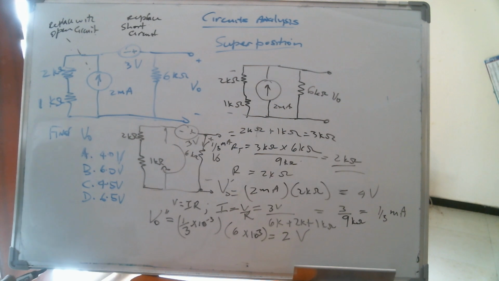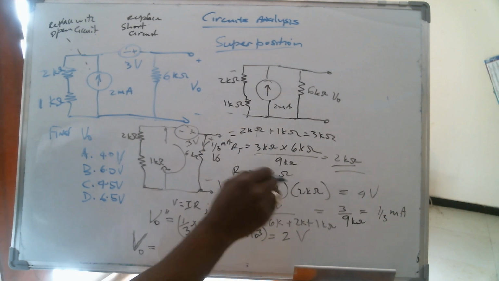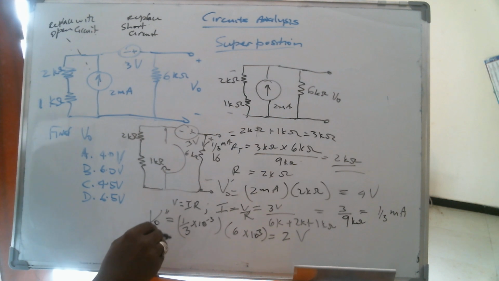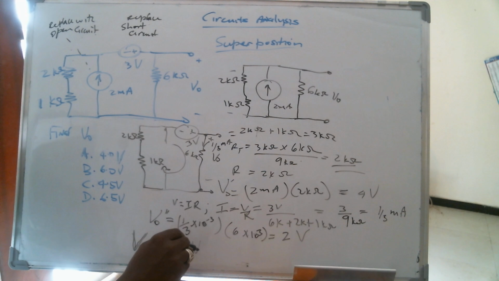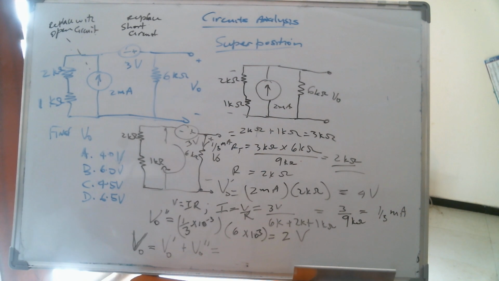As the superposition principle states, in order to find V naught, V sub naught is going to be the sum of V sub naught prime plus V sub naught double prime. Now that is going to be what? V sub naught prime is 4 volts plus V sub naught double prime is 2 volts.